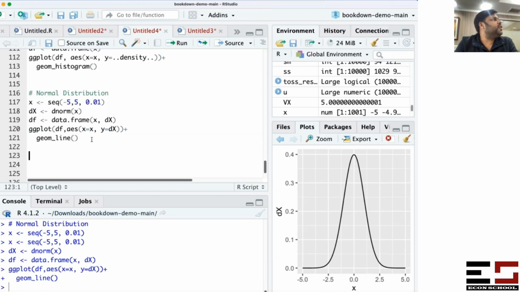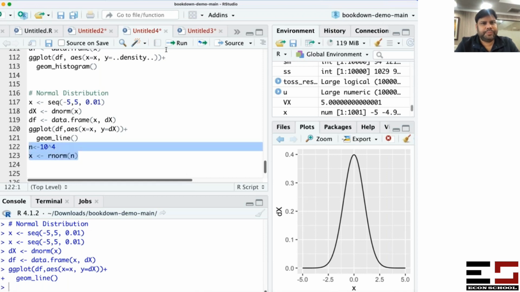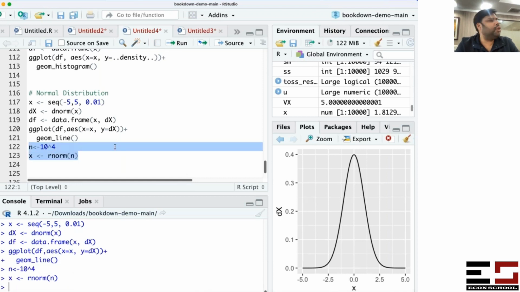So the first thing that we're going to do is generate 10,000 observations from the normal distribution.